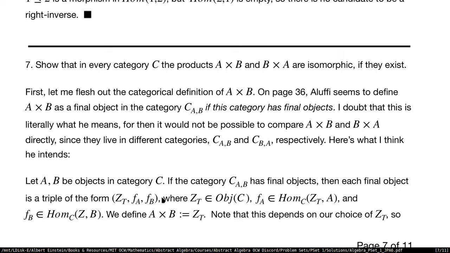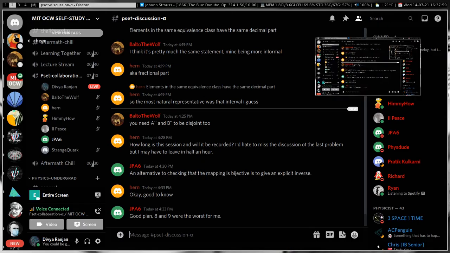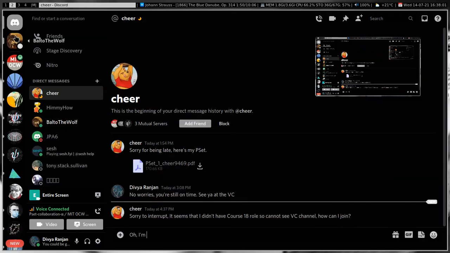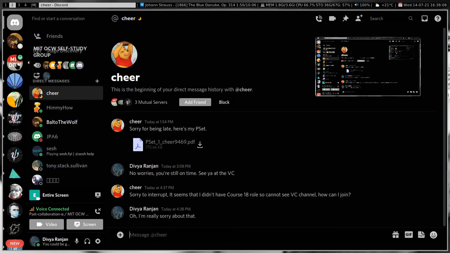Okay. I just want to ask, with Z_T, you have f_A and f_B as kind of analogous to the projections, right? The morphisms. Yes. Okay. If you just say that it's a final object in C_AB, then there's no way that A cross B is the same as B cross A because they live in different places. Ah. Okay.